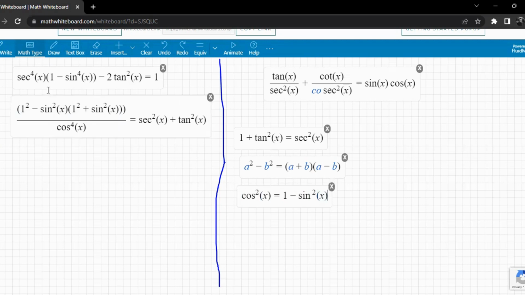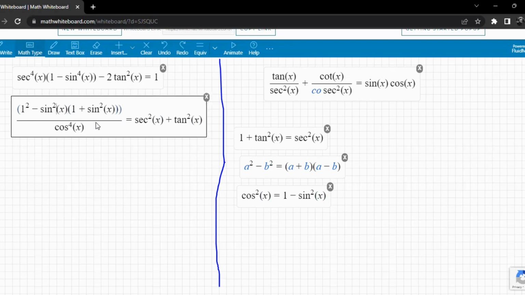So we have this over here, and 1 square is just 1. That's common knowledge. So we can rewrite this now as simply cos square x.